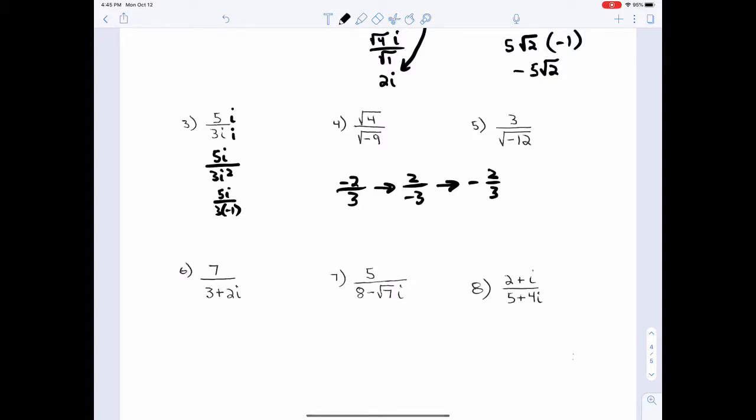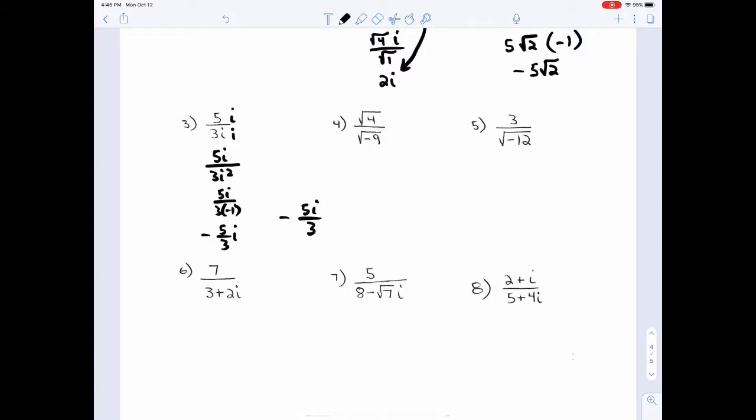Okay, those are all three the same thing. So as opposed to leaving the negative in the denominator, it's just a little more convenient to write it negative 5/3 i. Or you could write negative 5i over 3. That'd be fine too.